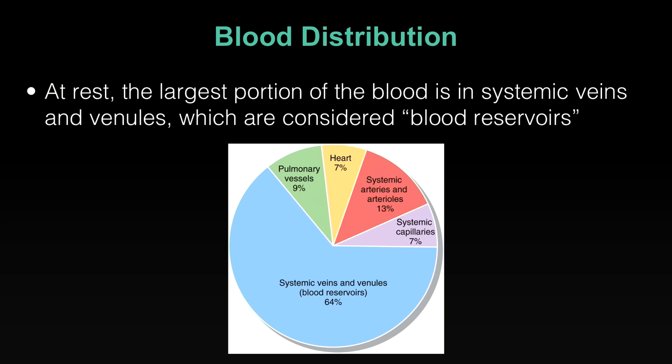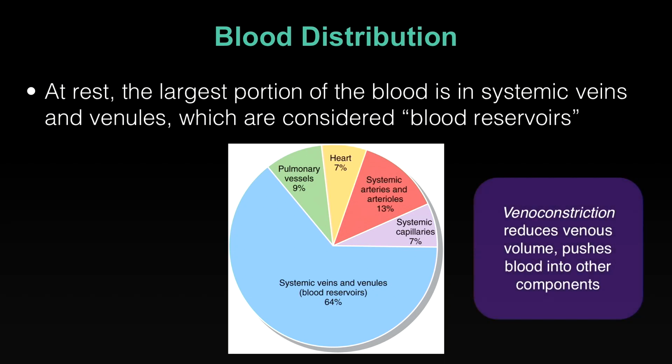In times when we need blood for whatever reason, we can mobilize, quote unquote, blood from that compartment to others. In cases like hemorrhage, if you're losing blood quickly, or during exercise where you need more blood to be supplied to various tissues, we can mobilize blood through a process called venoconstriction.